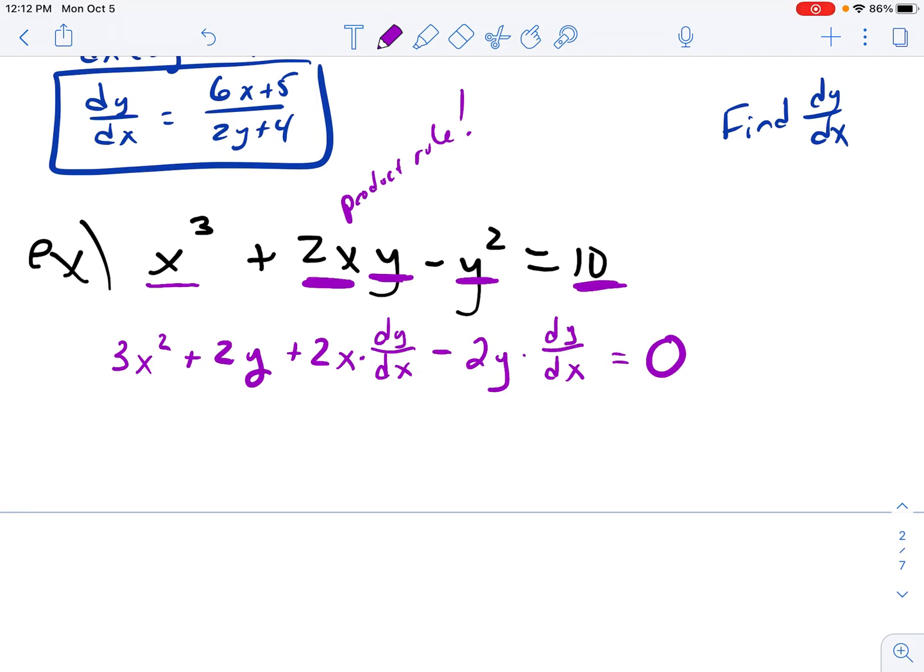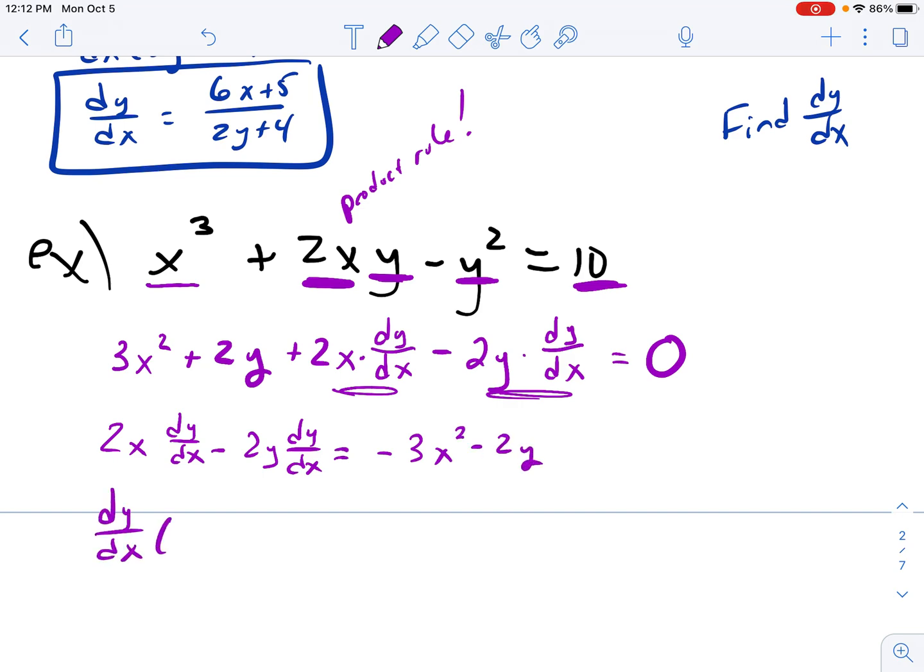And again, now we want to get dy/dx by itself. So I'm going to leave these where they are, and I'm going to move these 2 terms to the other side of the equation. So we're going to have 2x dy/dx minus 2y dy/dx, and I'm going to write this as negative 3x squared minus 2y, and a little factoring and division, and we'll be there.